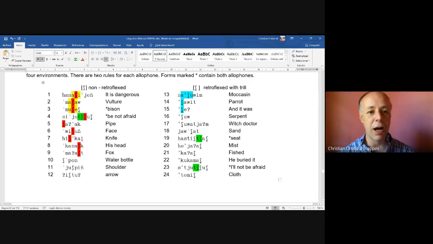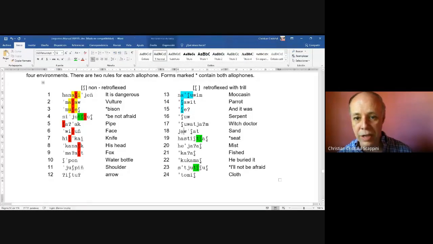In number one, we have the non-retroflex one, and it occurs in a non-stressed syllable, while in number 13 there is a stress. And the same happens in other instances.